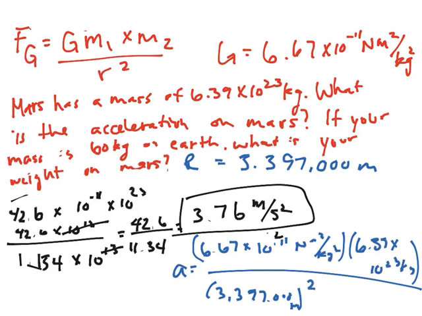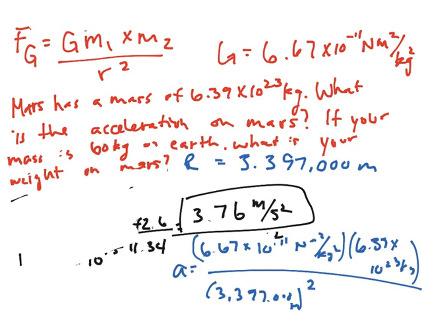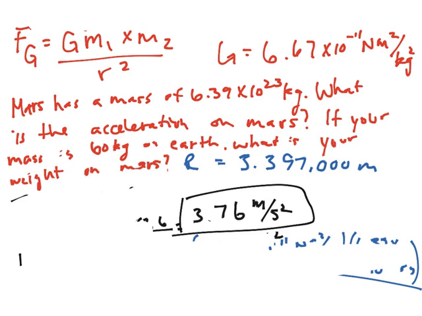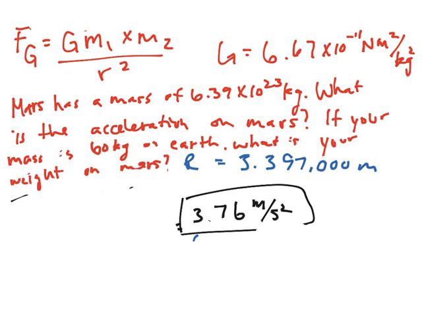So you'll notice it's about half of Earth. So you're basically twice as strong on Mars, you can think of it that way. And now that we know this, I can erase this math here and solve for how much you actually weigh. Because remember, your weight is just the force of gravity, and it's your mass times your acceleration on that particular gravity.